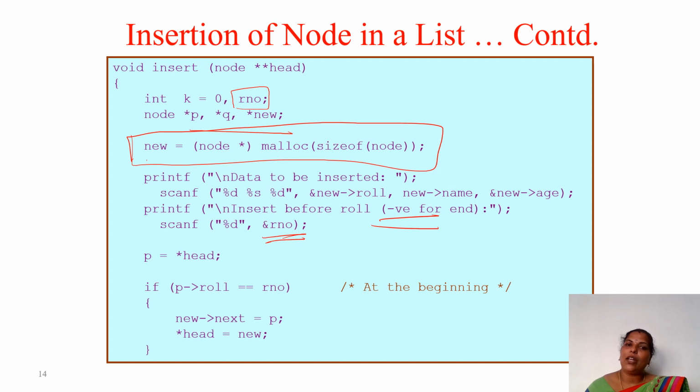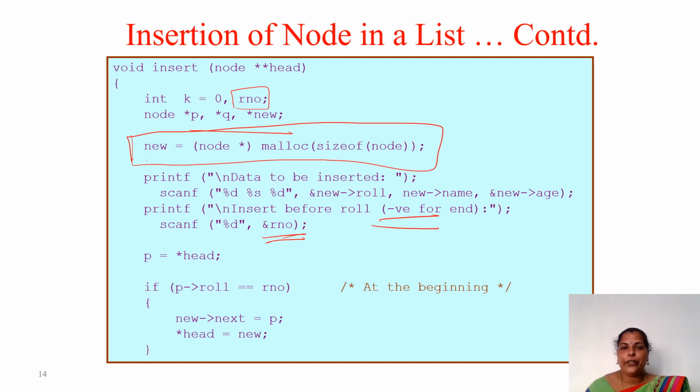If we insert after the last node, we don't know the specified node, because this is the last node. To handle that, we give negative for the end. Then we are assigning star head to P.